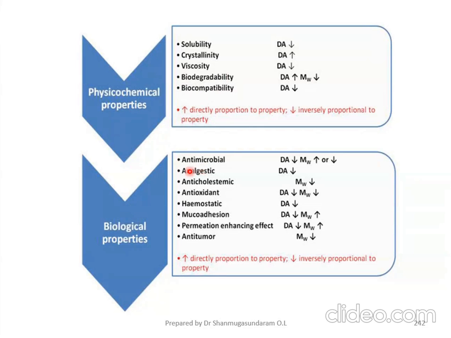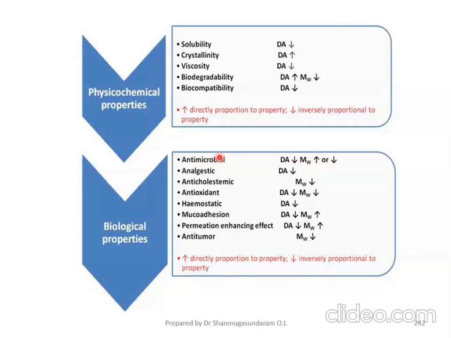Then coming to the other properties, antimicrobial property. This property again depends upon two factors. If your degree of deacetylation decreases, your antimicrobial property will increase. Then if your molecular weight increases, your antibacterial property also increases.